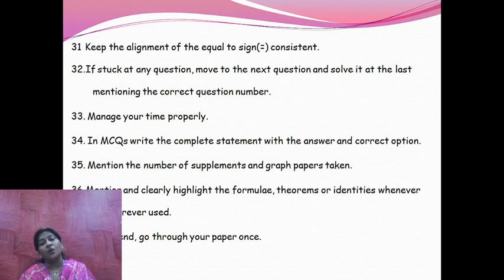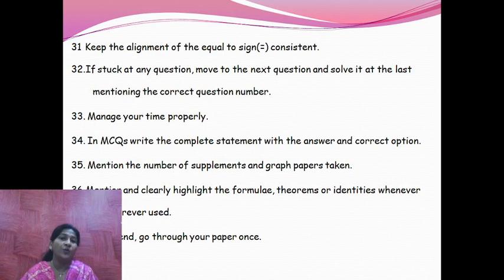Then in the end, go through the paper once. Check your paper, students. Once you have finished your paper, check it thoroughly. Try to finish your paper before time, 10 to 15 minutes early, and give 15 minutes for rechecking the paper. Don't be in a hurry. Don't think, I have solved this and I know I will be getting this much of the marks.